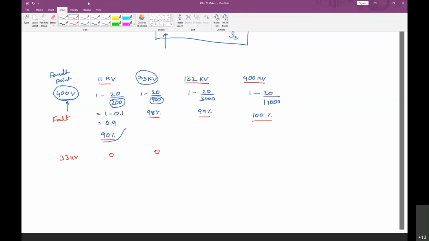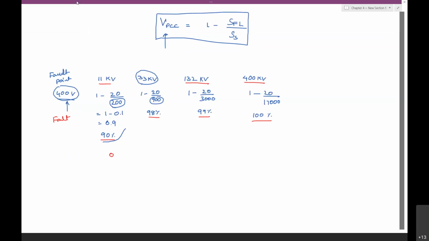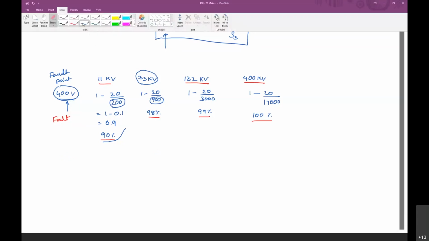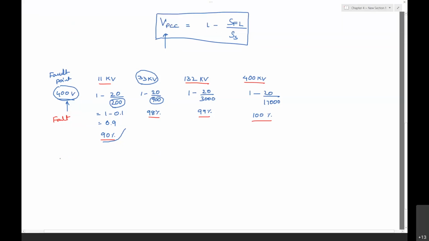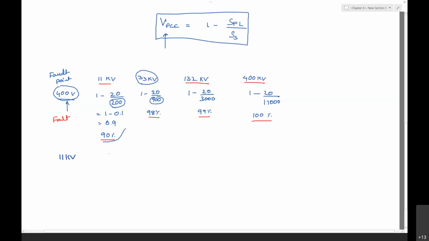Now we consider the fault location at 11 kV. Initially we looked at the fault location at the 11 kV line. The fault has occurred at the 11 kV line. Now this is 0 volts. Then at 400 volts also it is 0.